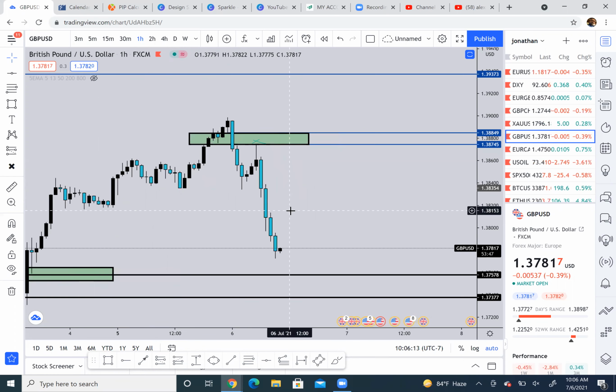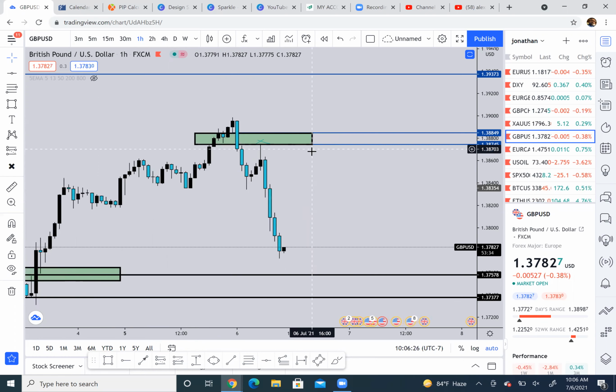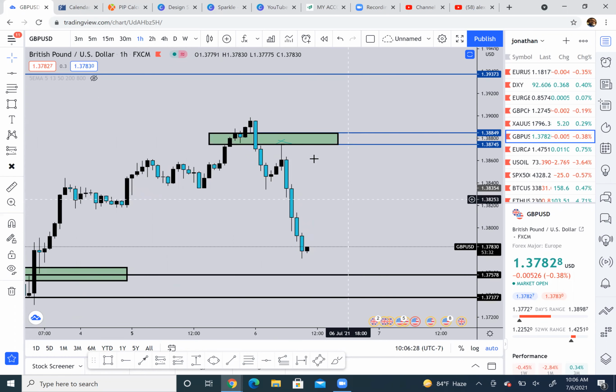So I like to enter off of understanding that the price action, meaning the movement of the candle or the price, is there also with my support and retest, also with my smart money or liquidity imbalance areas.